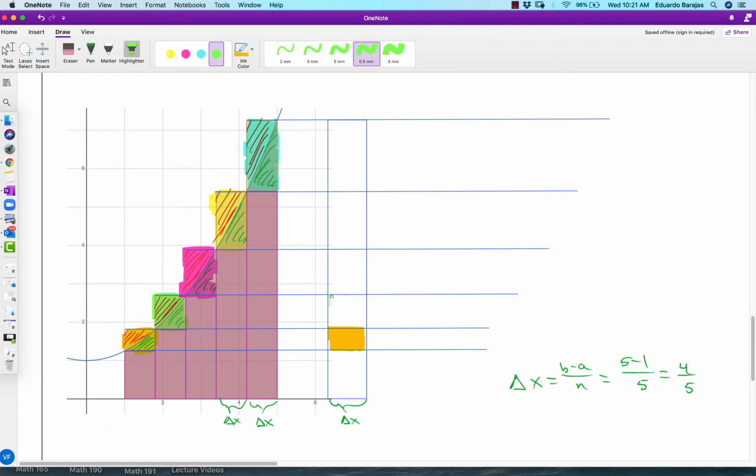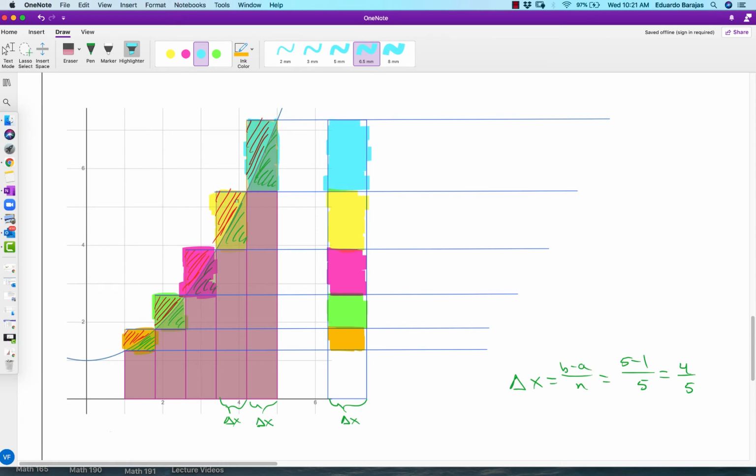This rectangle here is the same as that one, this rectangle here is the same as that one, and this rectangle here is the same as that one. And finally, this rectangle here is the same as that one.